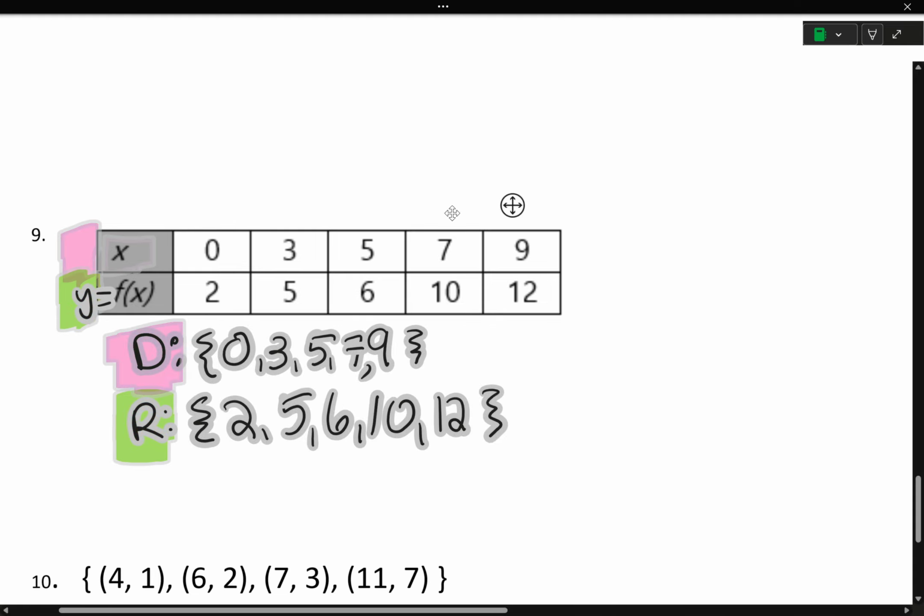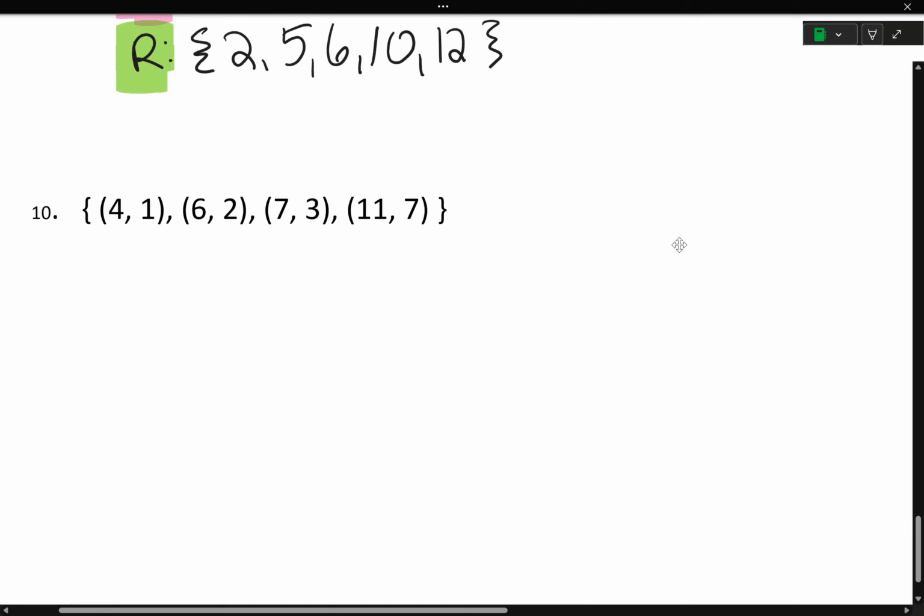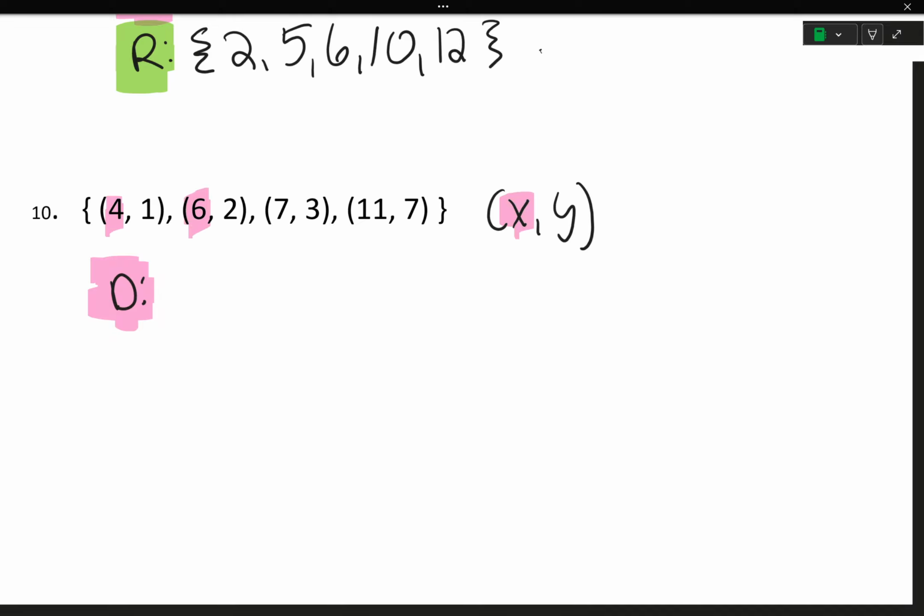Let's do number 10. All right. This is a set of ordered pairs. See how they also have squiggly brackets? Because that means set. Our domain is our x's. In ordered pairs, it's x comma y. So we are going to be looking at every single x.